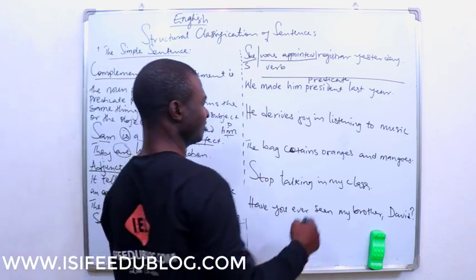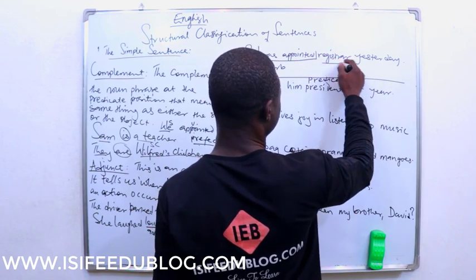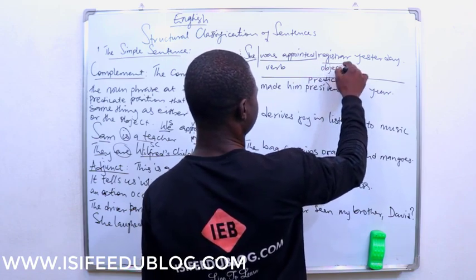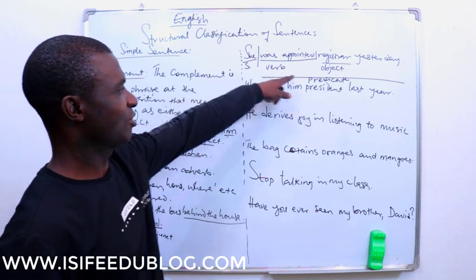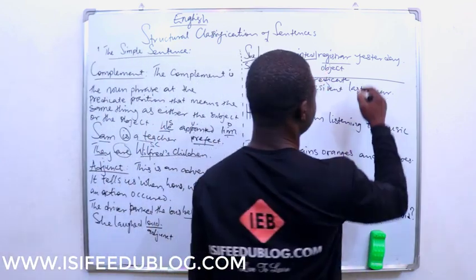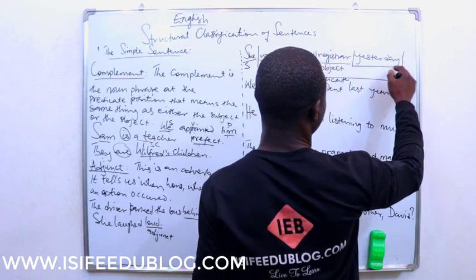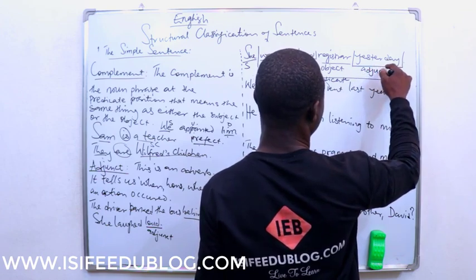Then, this is the object. So you see, we already have subject, we have verb, we have object. And here is our what? Adjunct.